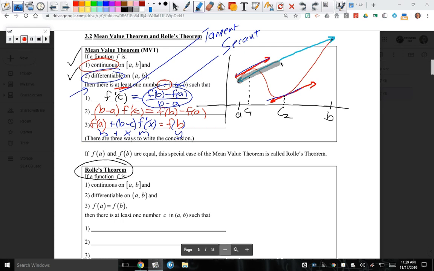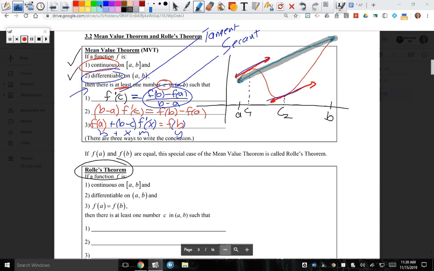What would this line represent? My average velocity. If this was a 30 minute time interval, this is my average velocity. I'm moving forward, that's why it's a positive slope. The magnitude of that number is the speed that I'm moving.